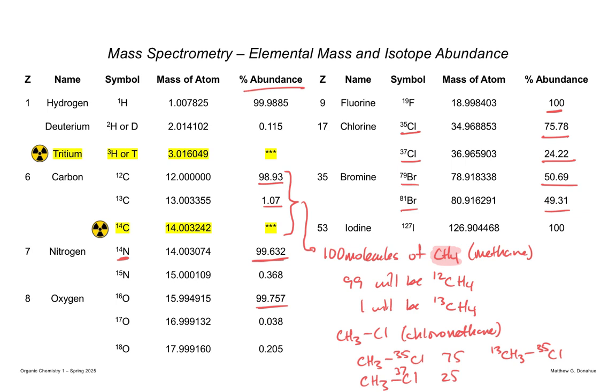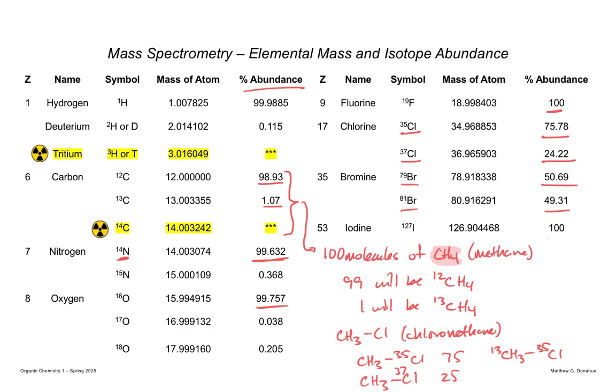But as you start putting these labels in there based on the percentages, the number of molecules becomes smaller and smaller based on the statistics. It's going to become visually apparent to us as we look at the mass spec and consider the parent ion.